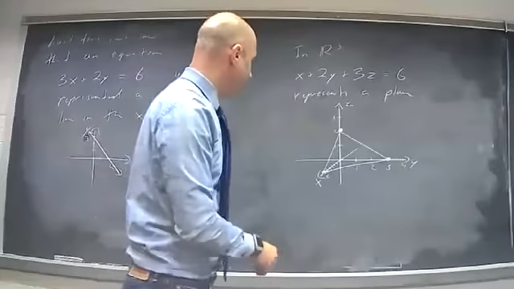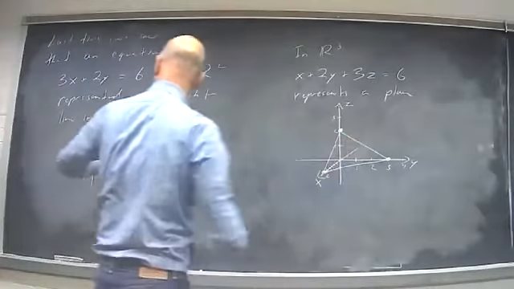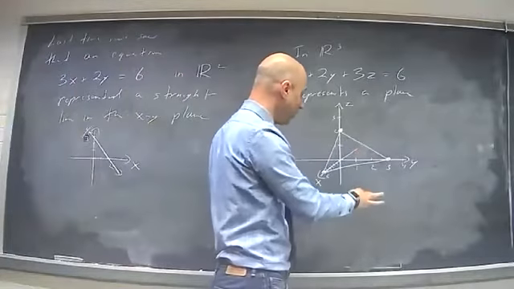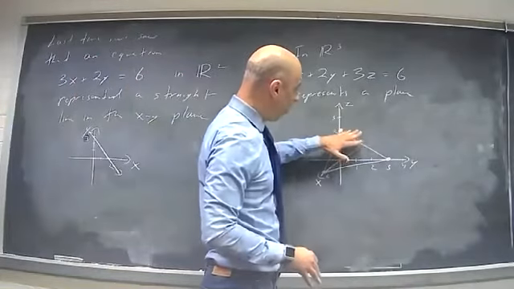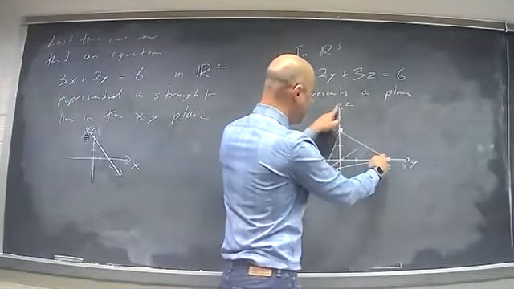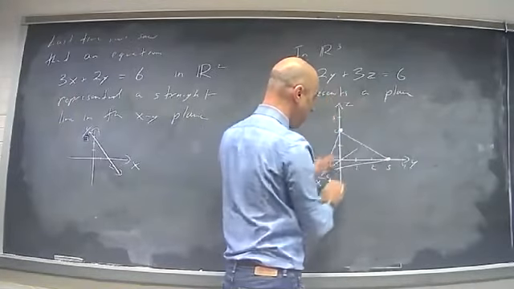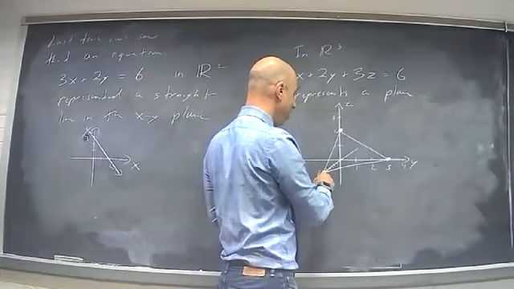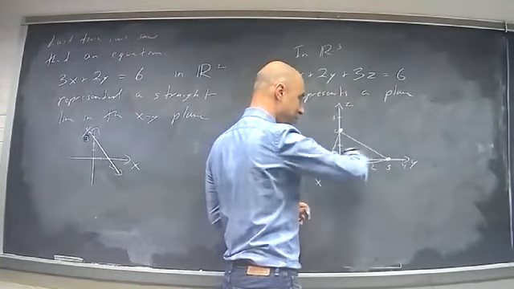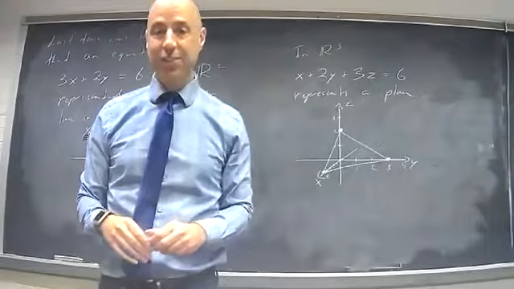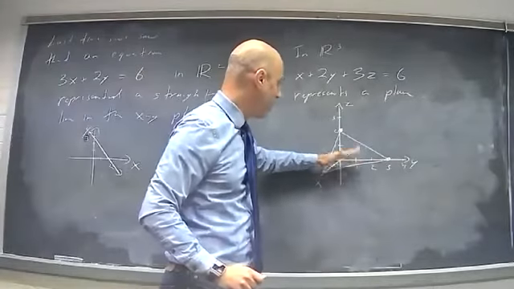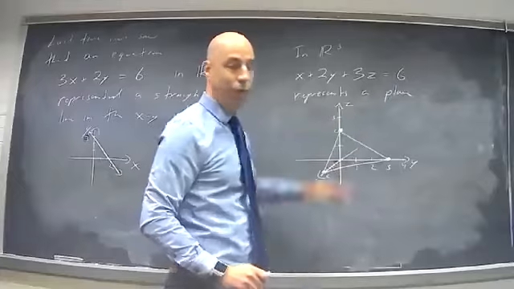A plane, like a line, goes on infinitely in both directions; a plane goes on infinitely in all directions. And what we're seeing is one little triangle of that plane. This is where it crosses the YZ coordinate plane. This line is where it crosses the XZ coordinate plane. And this line is where it crosses the XY coordinate plane. The XY is like the sea level plane, the horizontal plane, and XZ and YZ are both vertical planes.